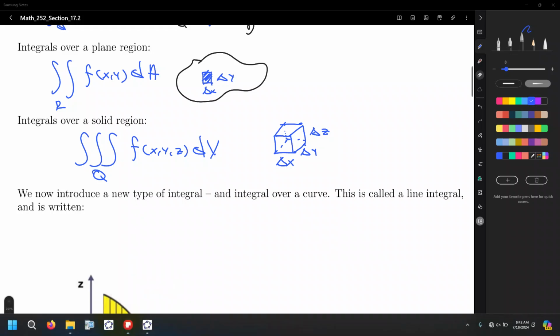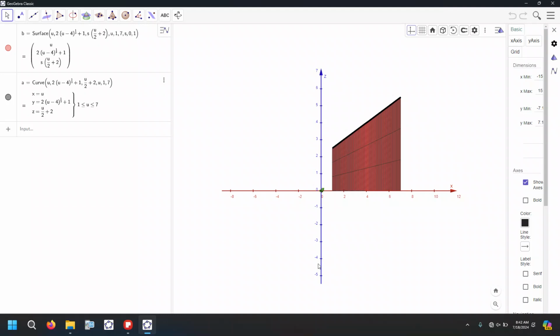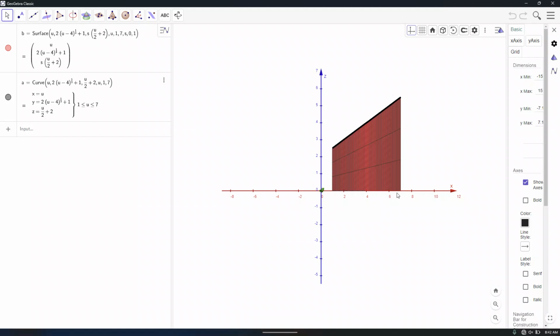Okay, guys. Let's have a look at this. What is that? If you look at that, what does that represent? It's a plane region, right? Number one. It's a plane region. Okay. What else?